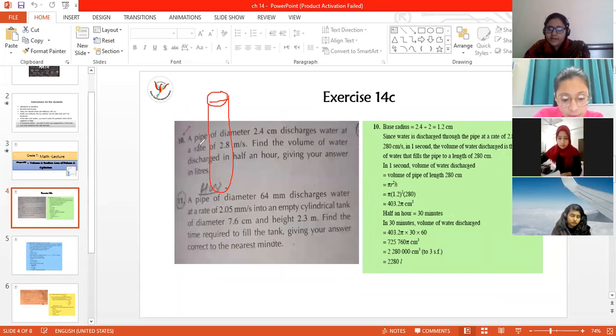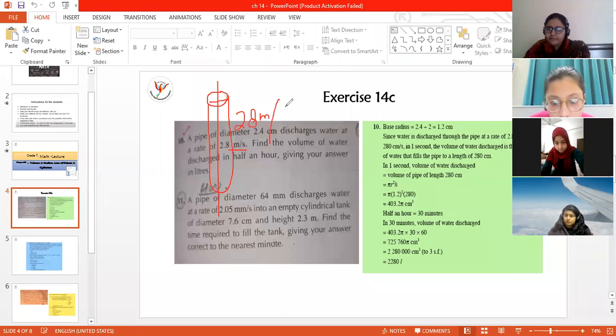It discharges water at a rate of 2.8 meter per second. The flow of water from one end to the other end is 2.8 meter per second.